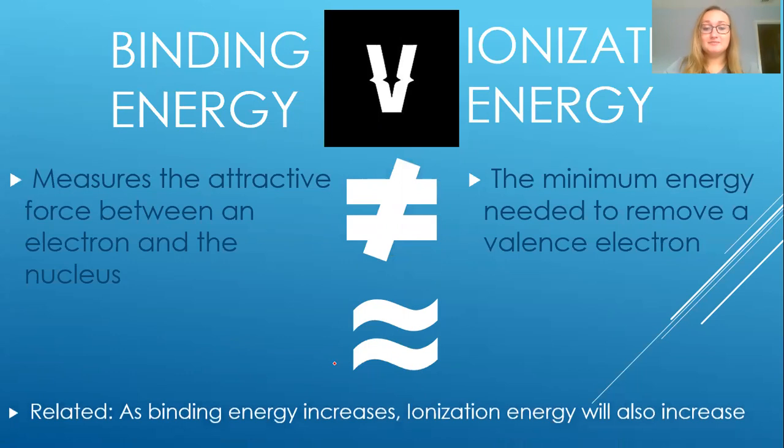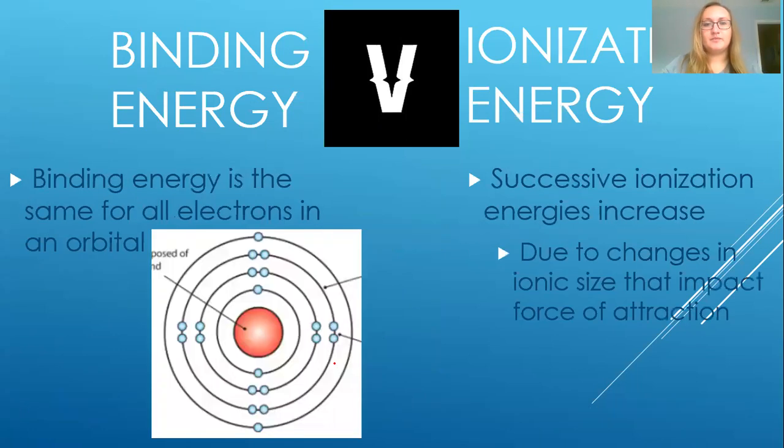And they are related. As binding energy increases, ionization energy will also increase. And that just kind of makes sense, right? If the binding energy is higher, the electron's being held more tightly to the nucleus, of course I'm going to need more energy to remove it. So you may hear these terms used interchangeably. It's not totally wrong, but I just want you to be aware of it.